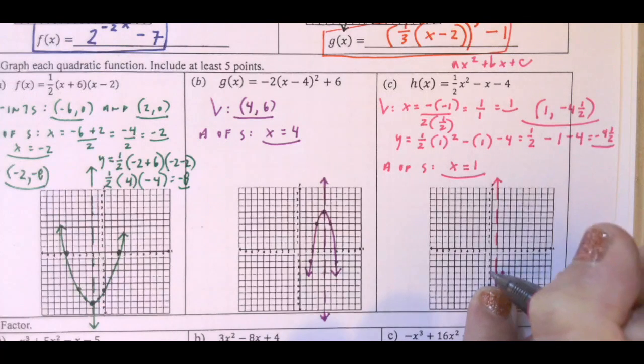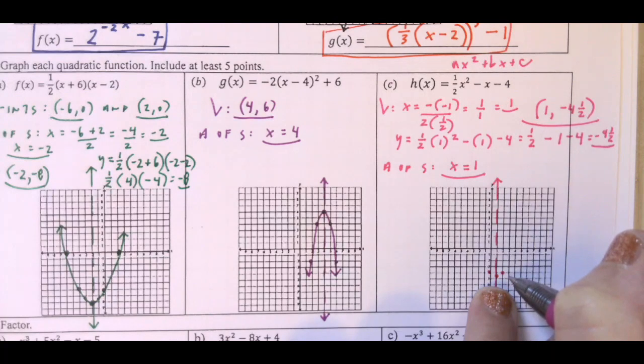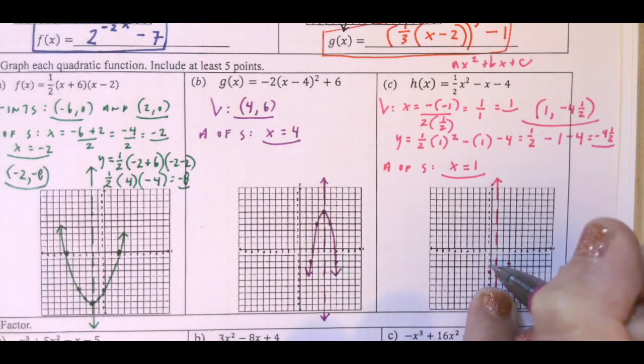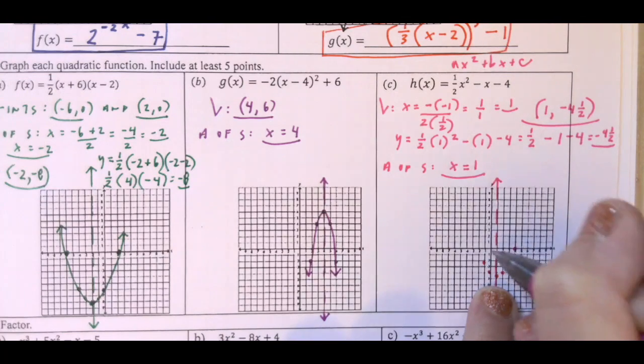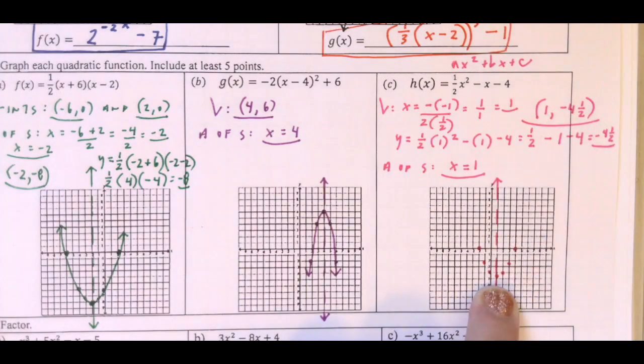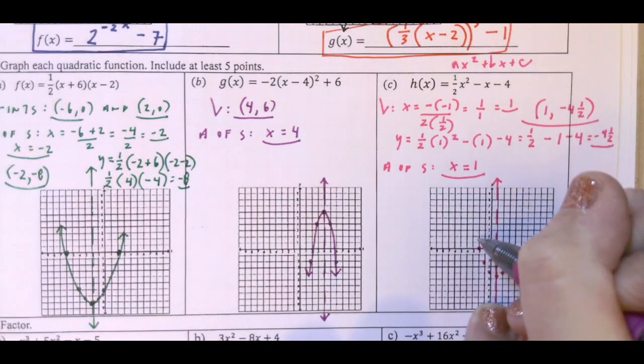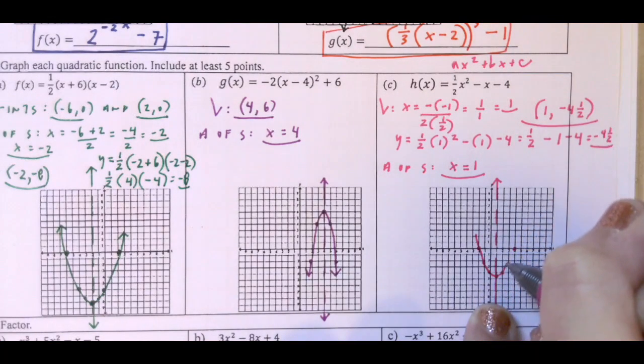So right here and here. Okay, next would be over 2 and up 4, but I cut that in half, so I'm up 2 here and here. Okay, next would be over 3 and up 9, but I cut that in half, and that makes it 4.5. So I'm actually just showing you that I'm going to get nice clean intercepts right here as well.